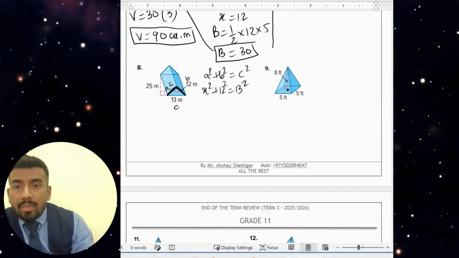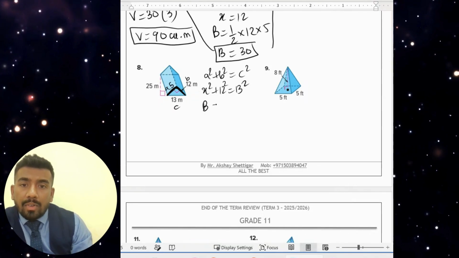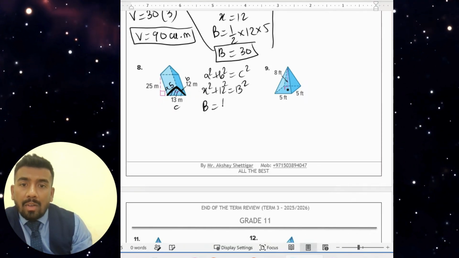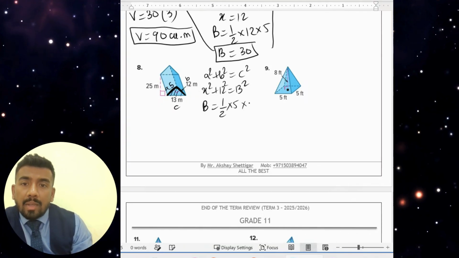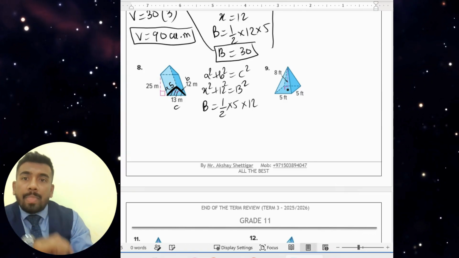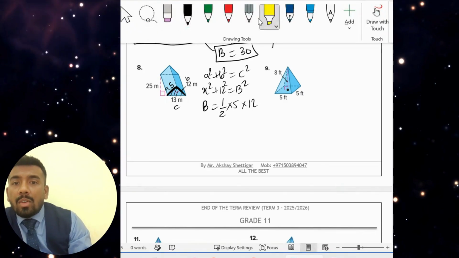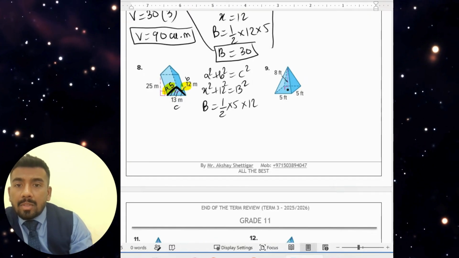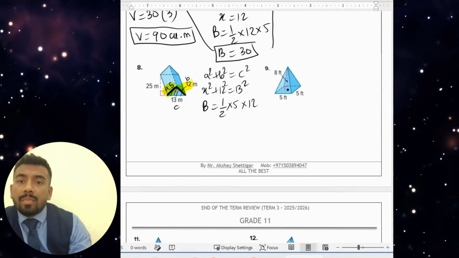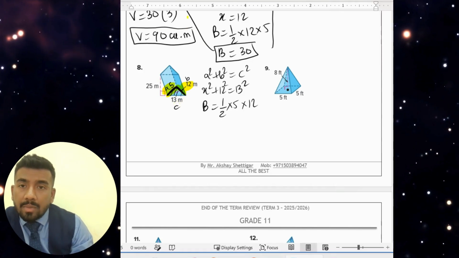So once you know this, the area of the triangle, the base, will be half times 5 times 12. Because for the area of a triangle we always do this times this, the two sides. We don't talk about the hypotenuse.